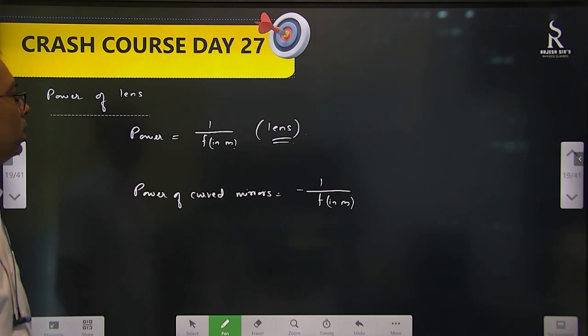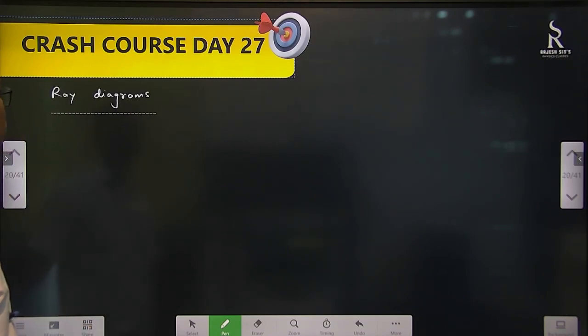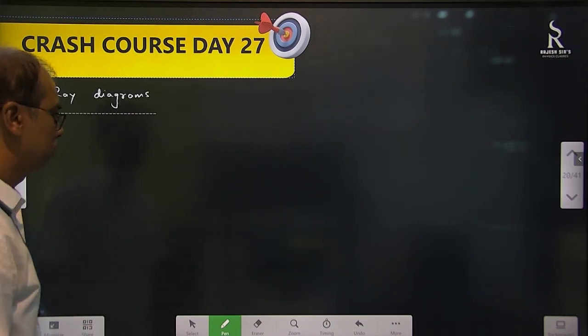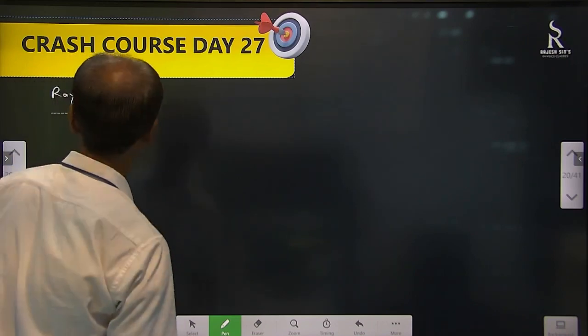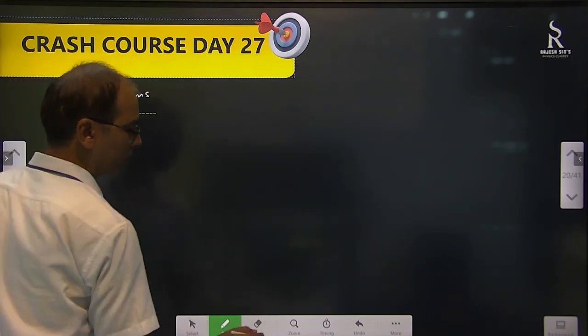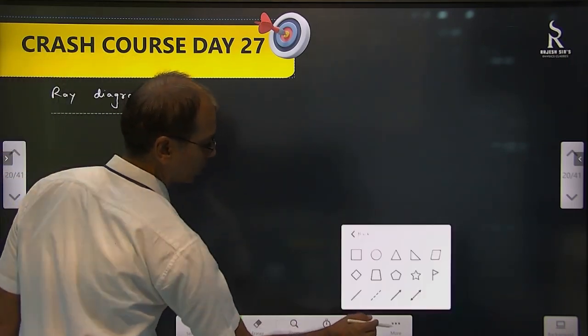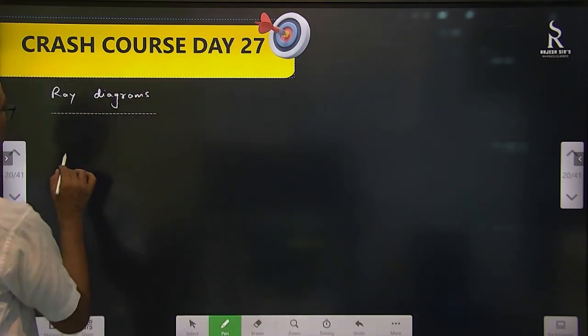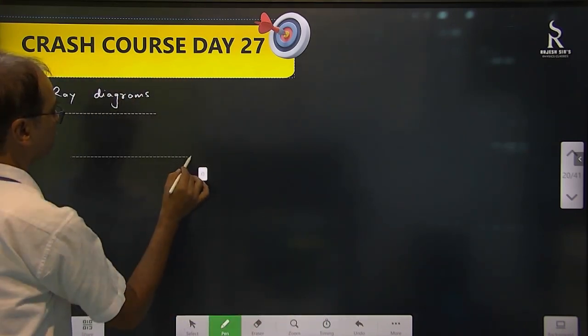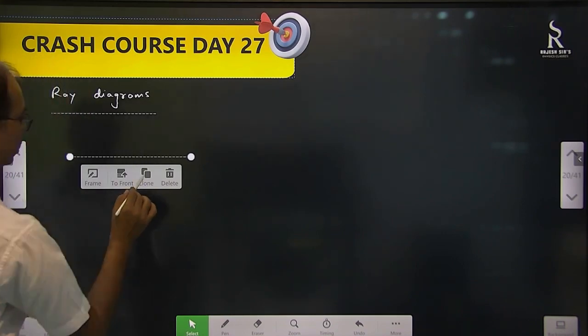Clear? Okay. Ray diagrams. We have to make ray diagrams. It's actually difficult, right? Okay, we'll try in a small way.